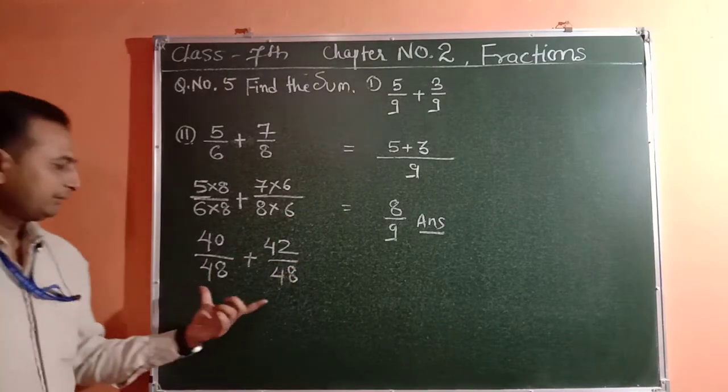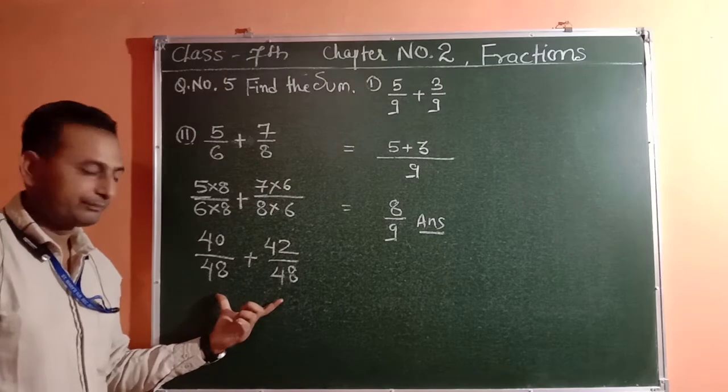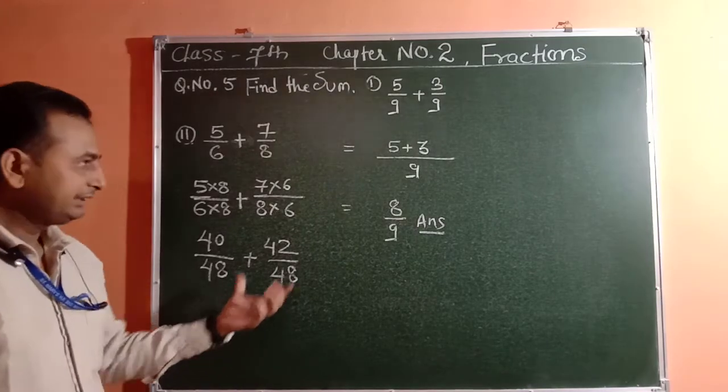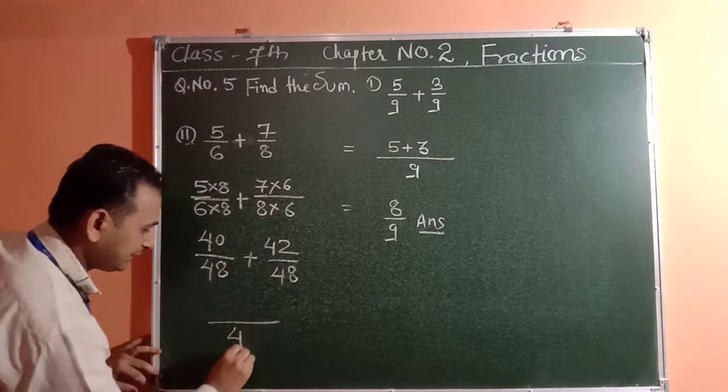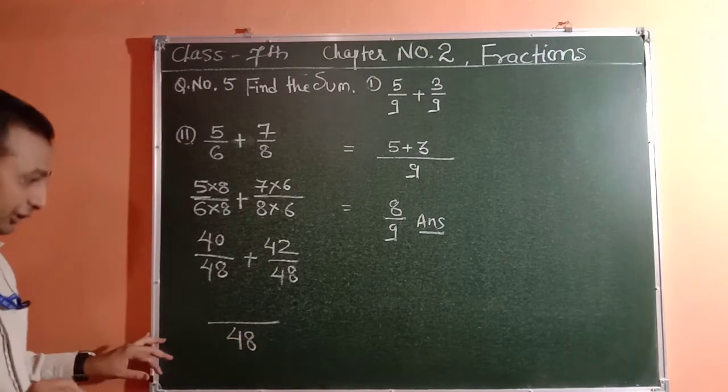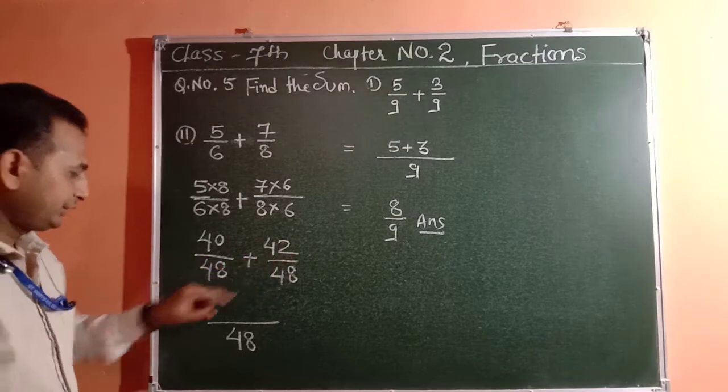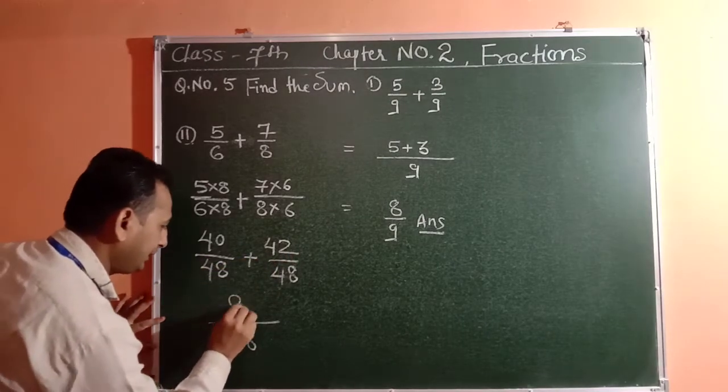Now you see both denominators are the same, which means addition is very easy, like the previous question. Both denominators are the same, you just write 48 in the denominator, 40 plus 42, which means 82.